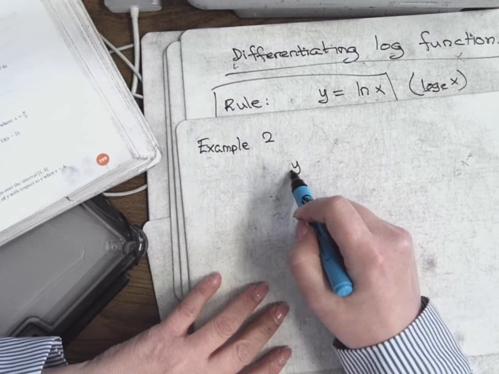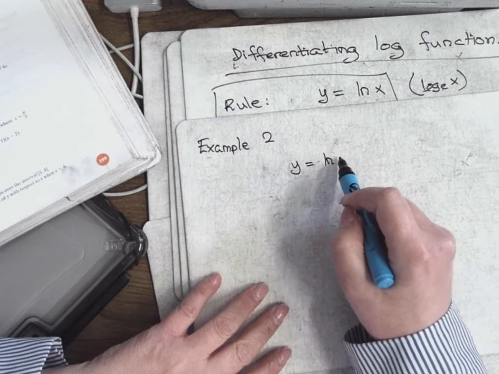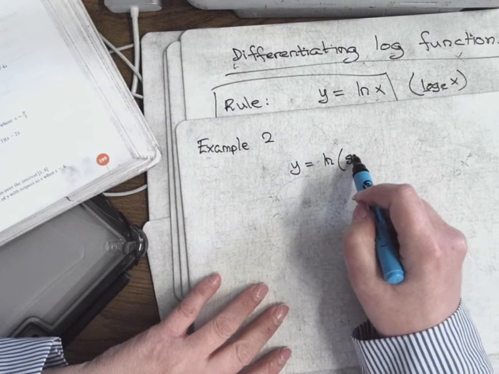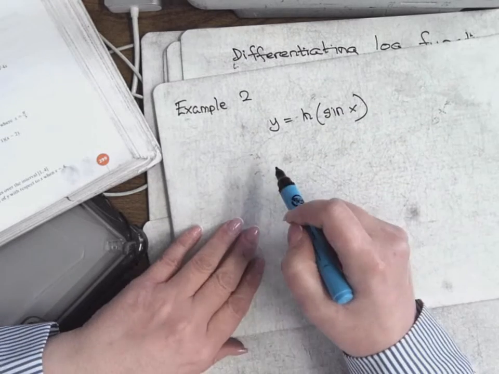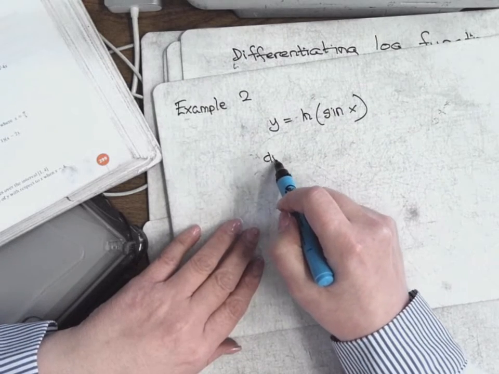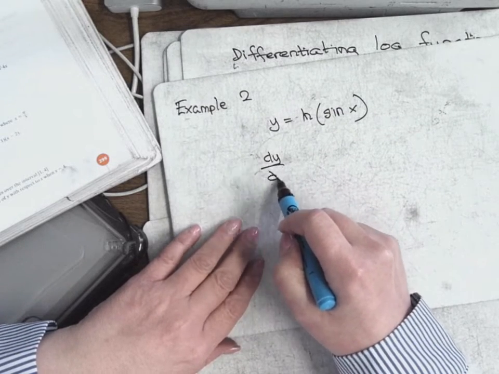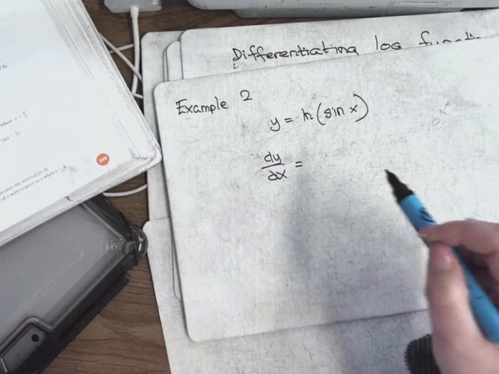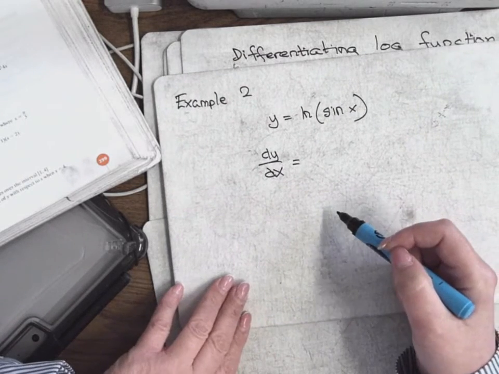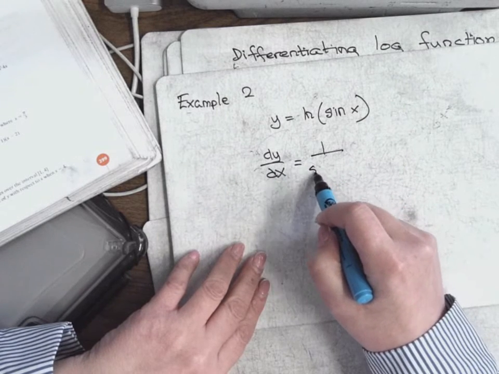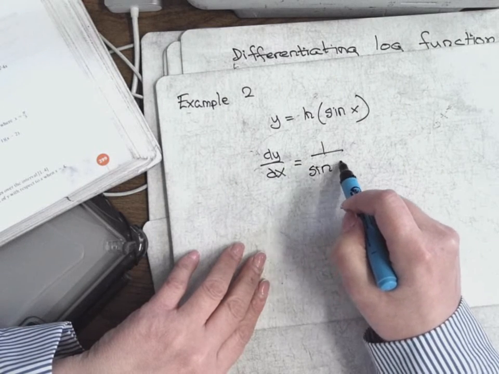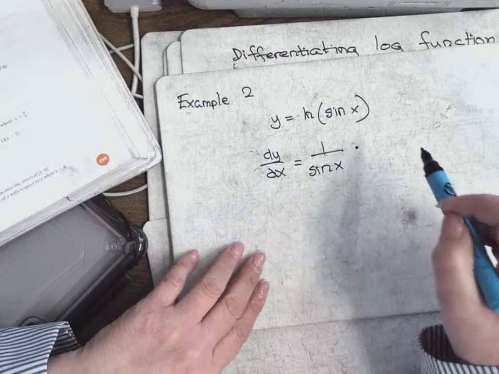Y equals ln of sin x. So dy/dx. The rule says what will I get? 1 over sin x. But then you have to differentiate the sin x.